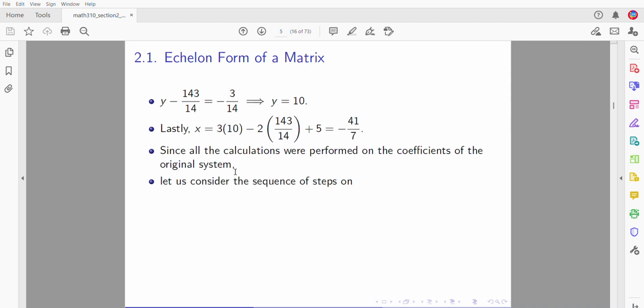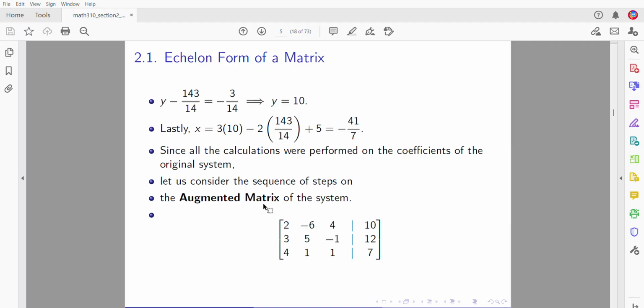Let us consider the sequence of steps on the augmented matrix of the system. Augmented matrix, remember, you write all the coefficients and all the outcomes in one bigger matrix with a line dividing the coefficients and the outcome. This is the augmented matrix.